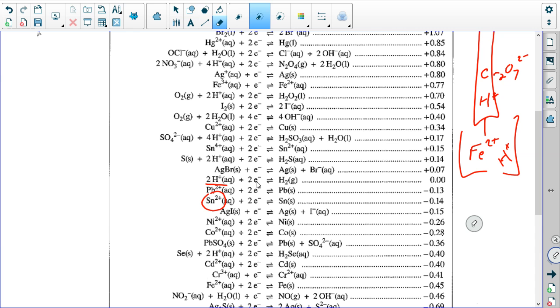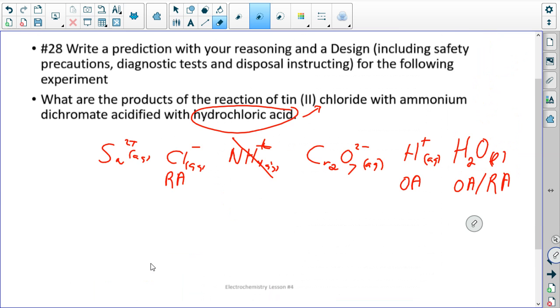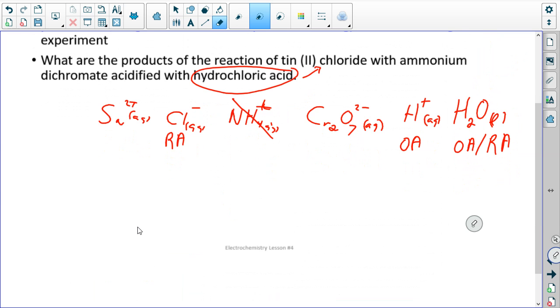However, tin 2 also exists there. So again, that's one of the ones that we need to remember, that exists on both sides. So the tin 2 is both an OA and an RA. The dichromate, when paired with the hydrogen ion, is an OA.